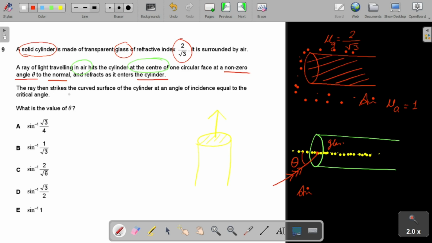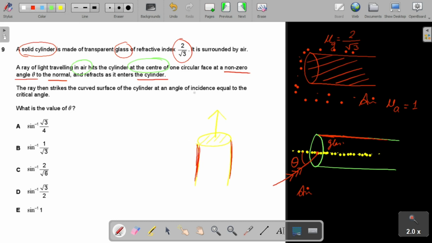The ray then strikes the curved surface. The question is saying that when this ray propagates inside the glass, it will strike the curved surface. Where is the curved surface? Please see, this is the curved surface, in this vertical visualization.